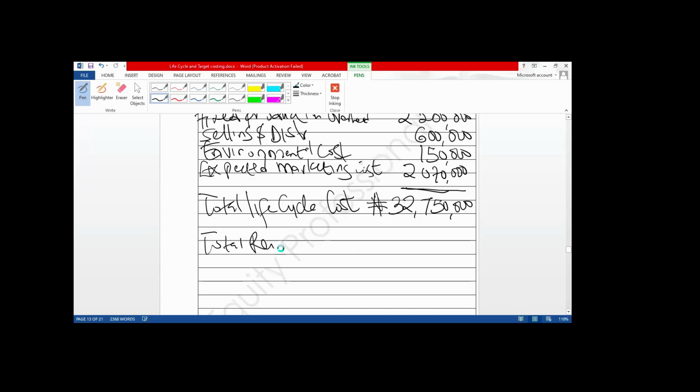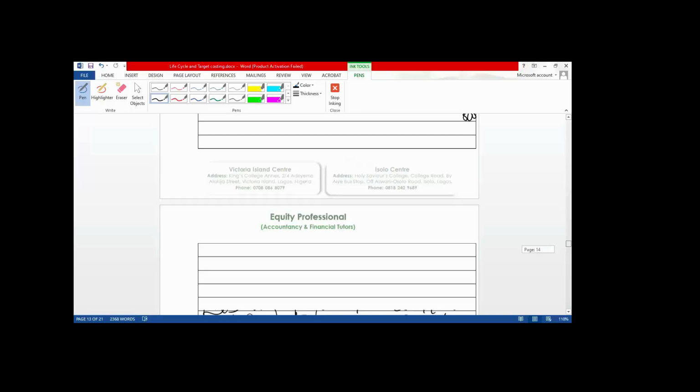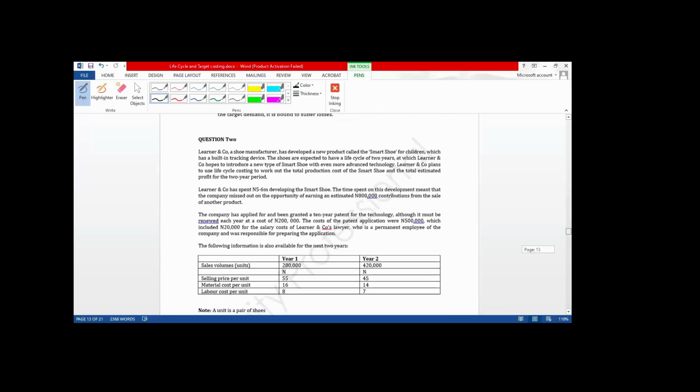Total revenue. Year 1, volume 280,000 units. Year 2, 420,000 units. What is the selling price in year 1, please? Can we check? 55 naira per unit.